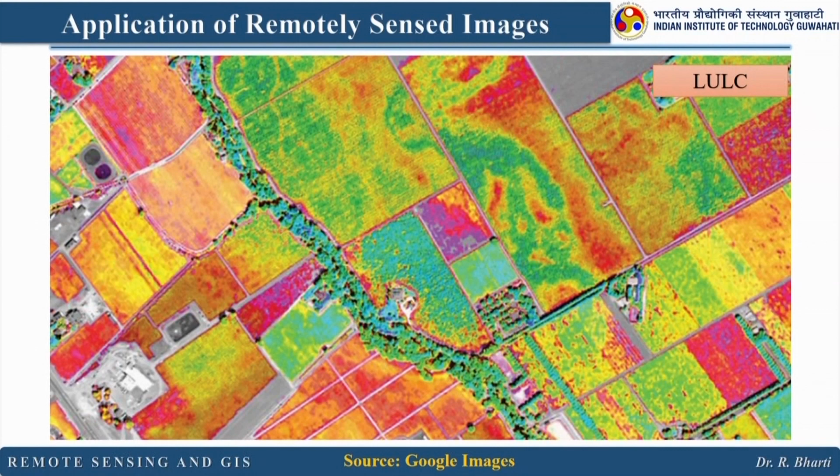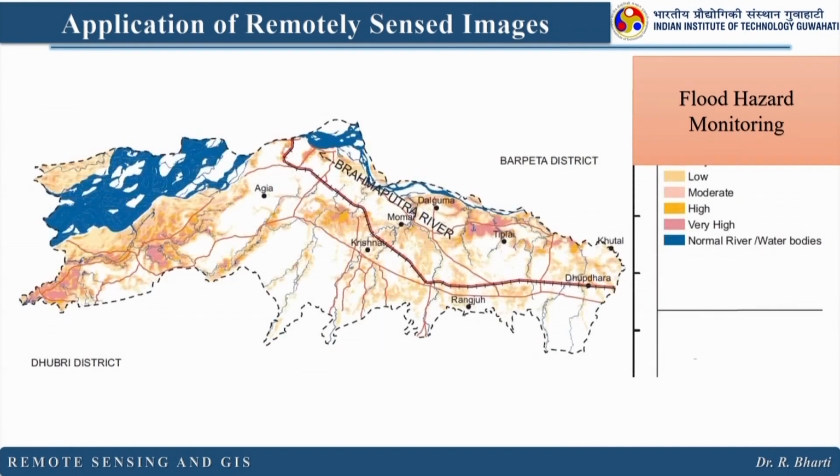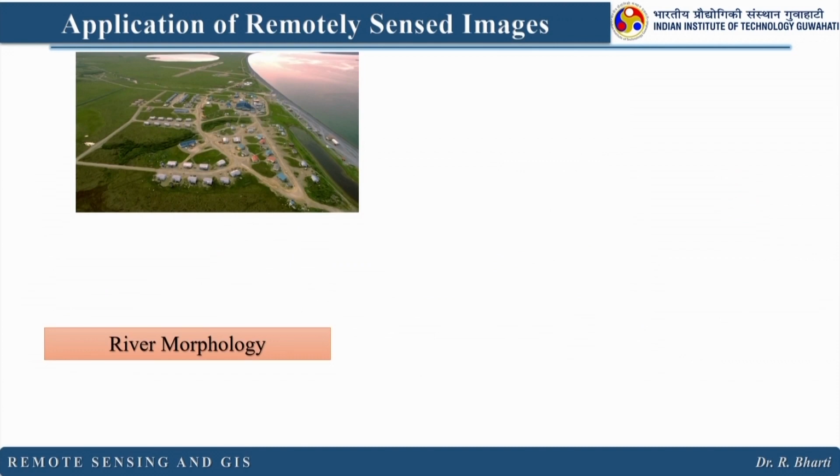Those things you can easily find out using this satellite remote sensing data. Flood hazard monitoring. Here you can see there are different zones which have been highlighted. So, normal, very high, high, moderate, low, right. These things you can always identify or you can study using this satellite remote sensing.